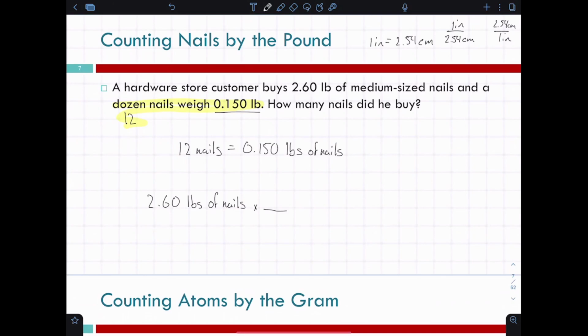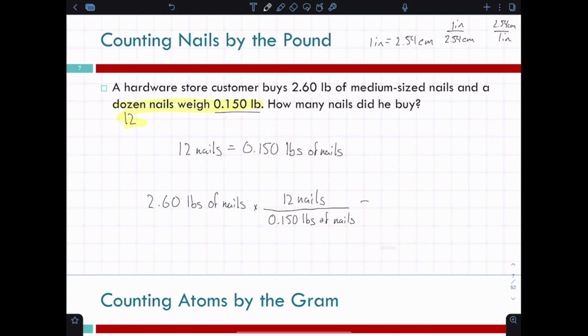So if we set this up as our conversion factor, you can say that 0.150 pounds of nails is equal to 12 nails. Right, so I could take a weight that weighs 0.15 pounds, stick that on one side of the scale, and I could take 12 of these nails, put them on the other side of the scale, and it would balance out. They would weigh the same.